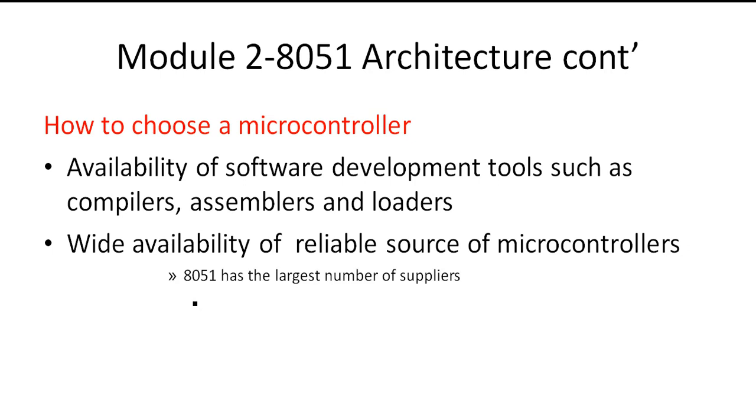So 8051, one of the popular microcontrollers, and this chapter itself is named 8051 architecture, has the largest number of suppliers: Intel, Atmel, Philips, AMD, all producing the 8051 core architecture. Even though different companies have different peripherals, memories and timers in the chip, the set of instructions and everything else will be the same for all these microcontrollers. So the wide availability of reliable sources of microcontrollers is also an important point while choosing a microcontroller.